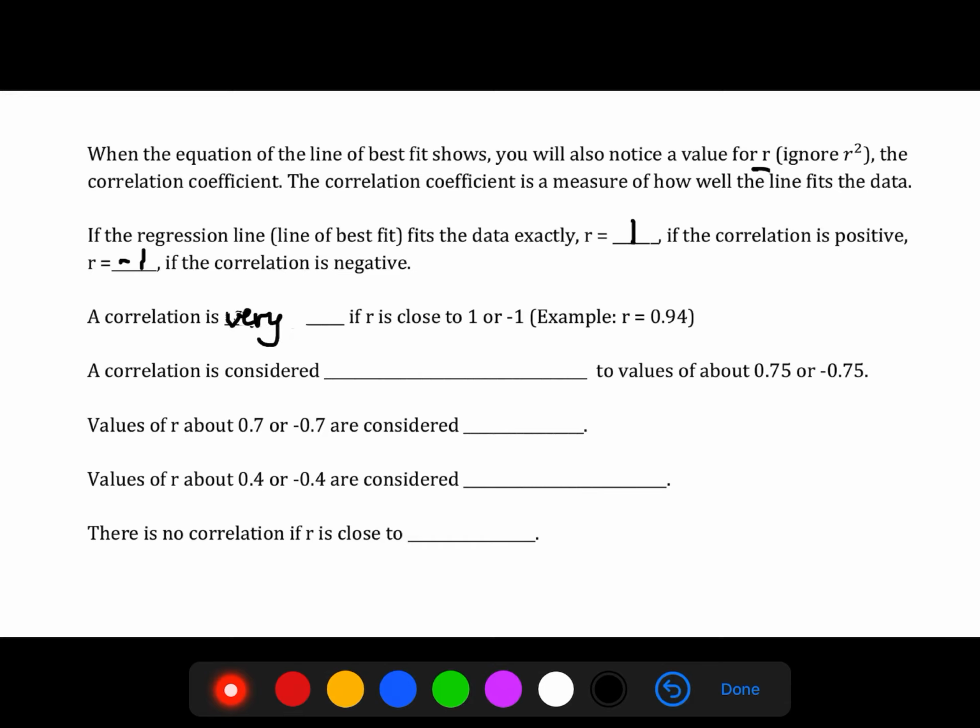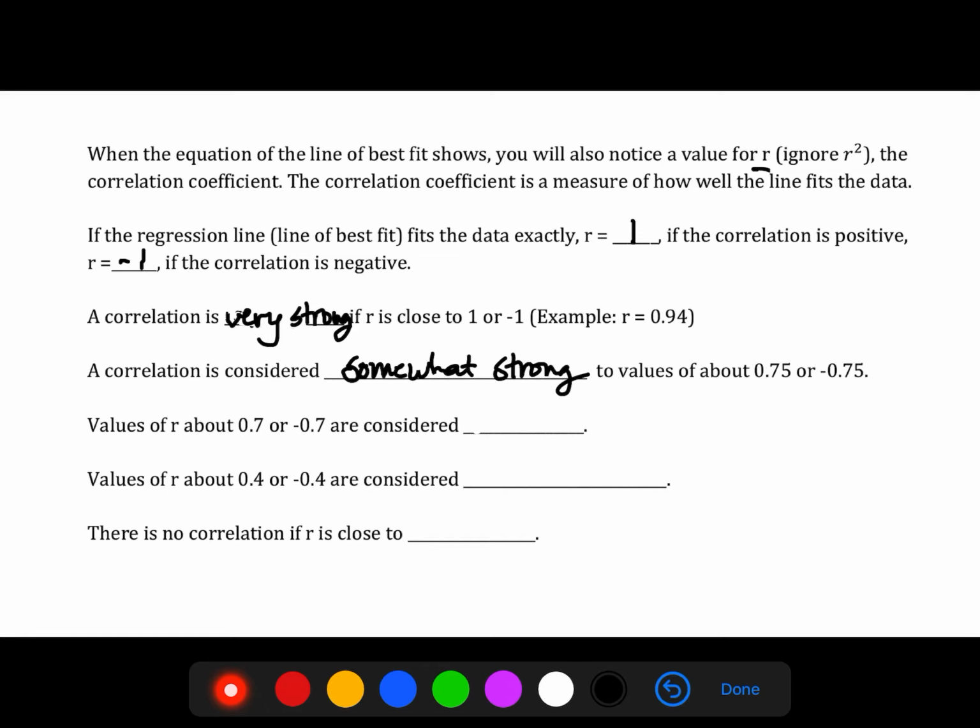So if our value is close to 1, very close to 1, or something like 0.94, it is very strong. If it falls to about 0.75 or -0.75 in the case of a negative, it's going to be somewhat strong. Or we can just call that strong.